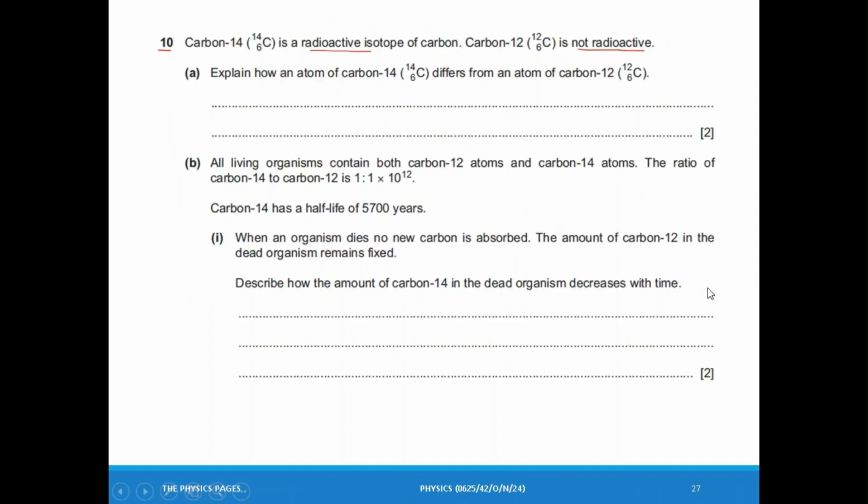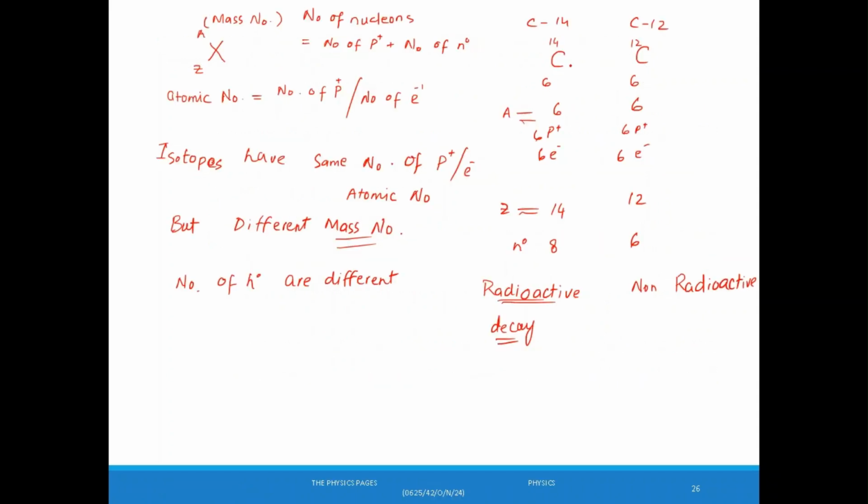Now getting back to the question, part A: explain how an atom of carbon 14, 6C14, differs from an atom of carbon 12. As I mentioned in my explanation, carbon 14 contains an equal number of protons and electrons, the atomic number is equal, but the mass number is different from carbon 12.